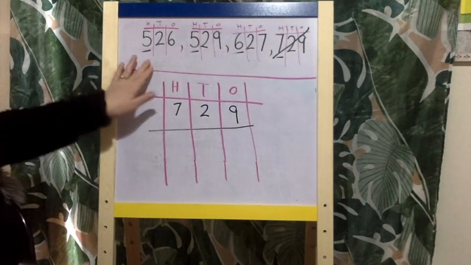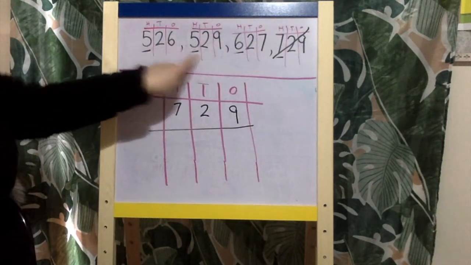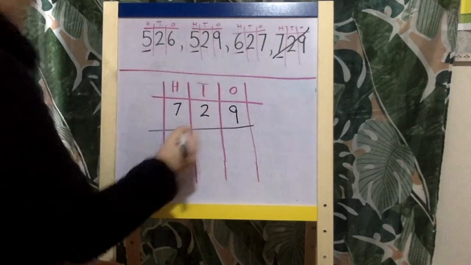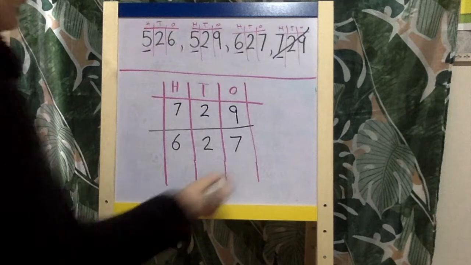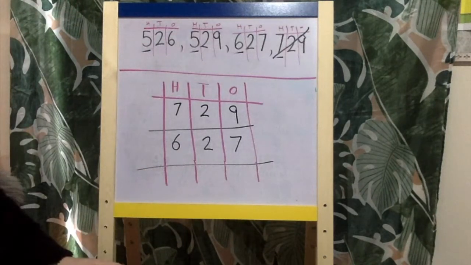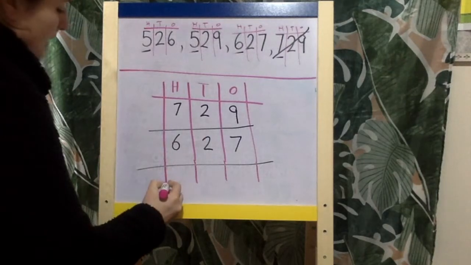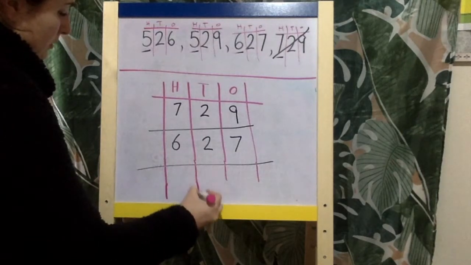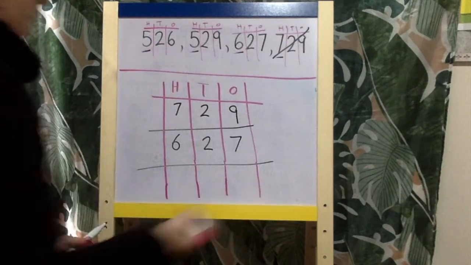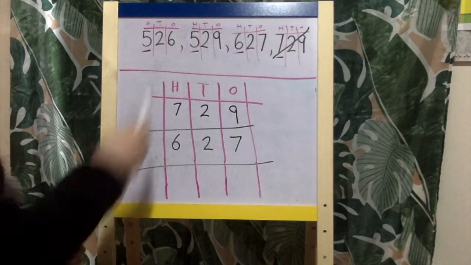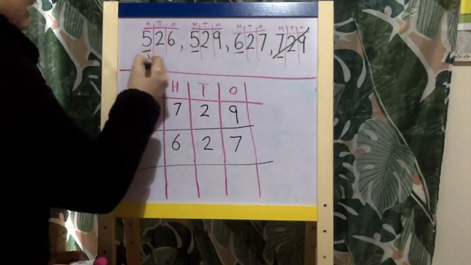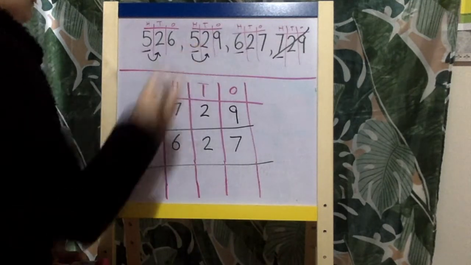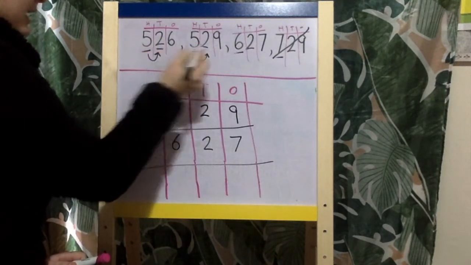What's our next biggest number? We had 6. That's definitely bigger than these 2 numbers. That's our next biggest number. What's next? These are the same. So that's a little bit tricky. We need to move to the next column. It's the same again in the tens.